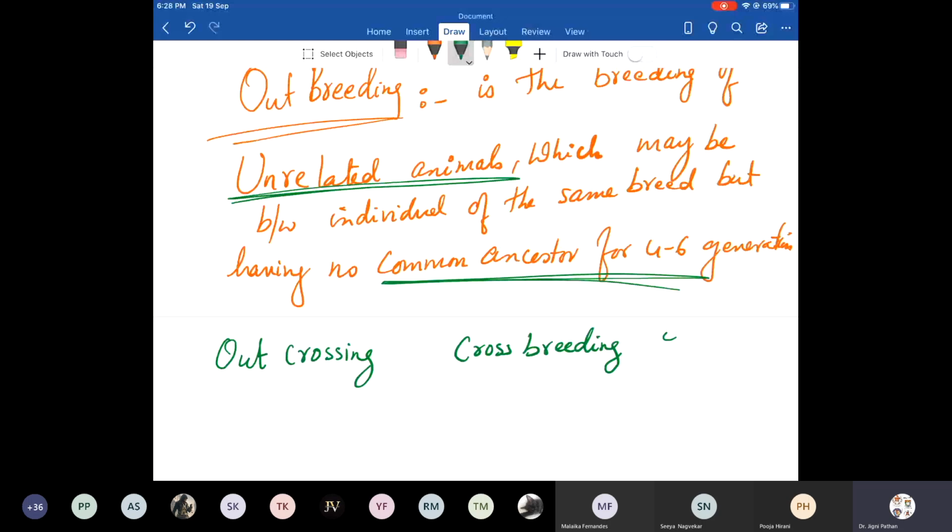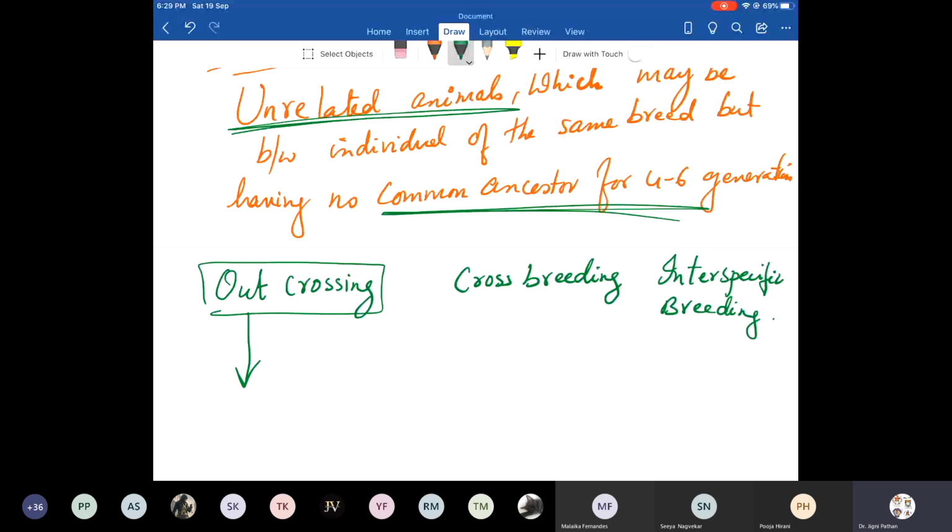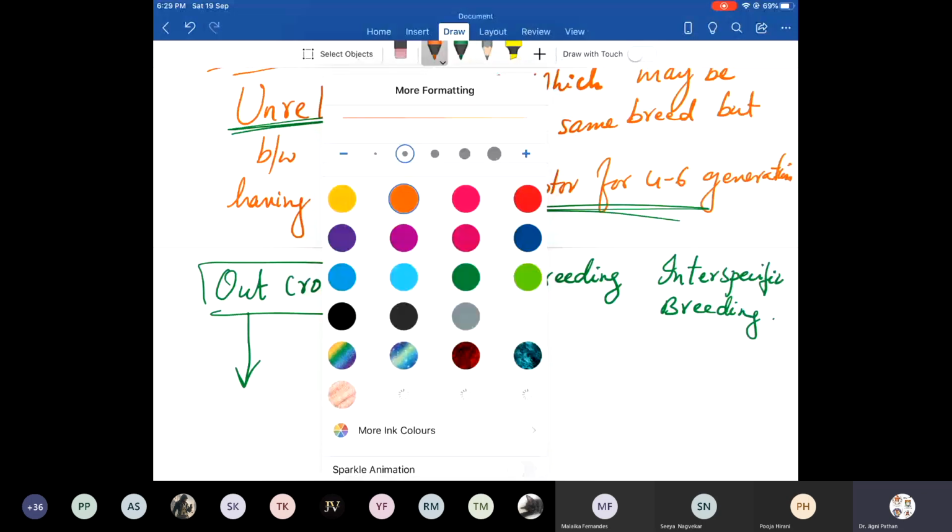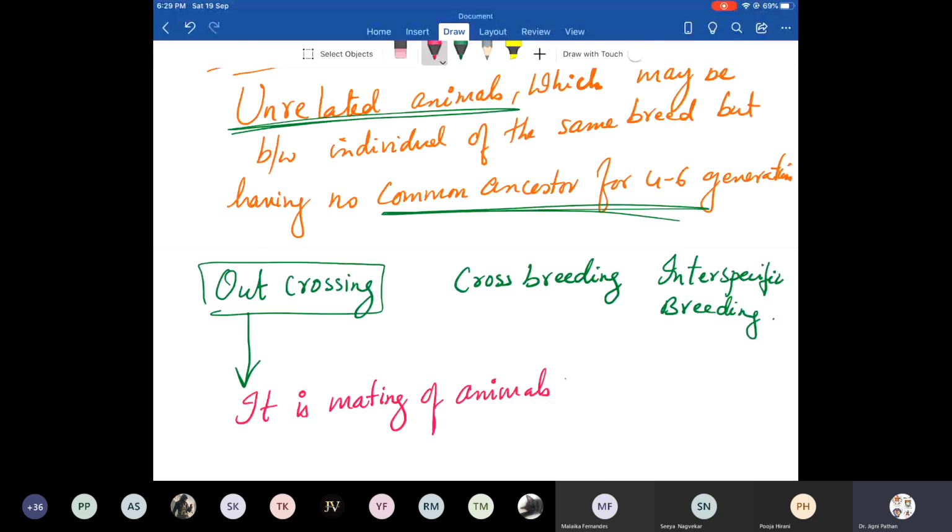Let us discuss these. Please concentrate on this. First, outcrossing. We'll write this down first. It is mating of animals within the same breed. Listen to this.